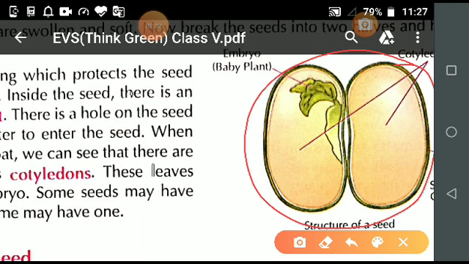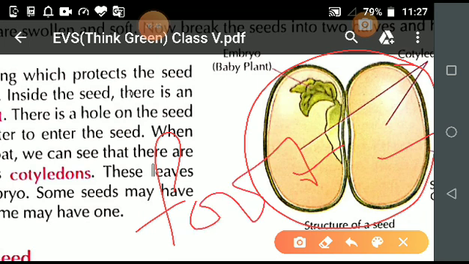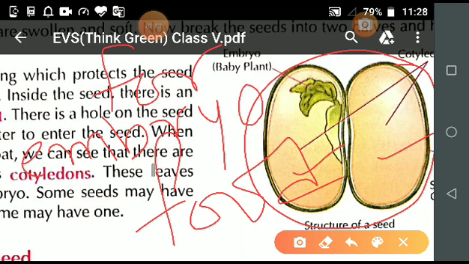Student, the embryo is inside the seed. So this part is the food for the embryo, the cotyledons.